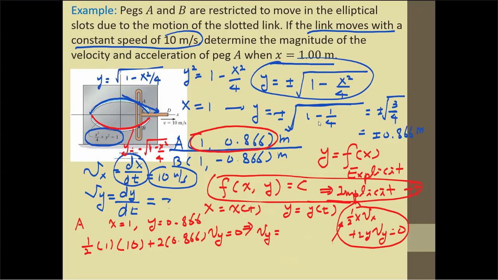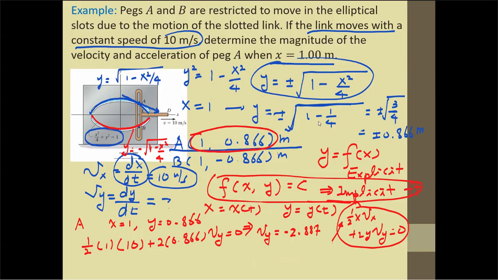Turns out to be, how much would that be? Let me calculate this one. Okay, it should be negative, right? Negative 2.887 meters per second.